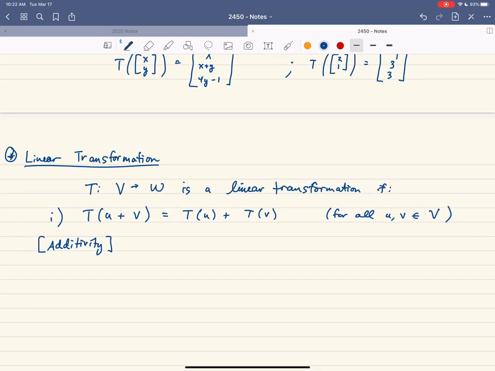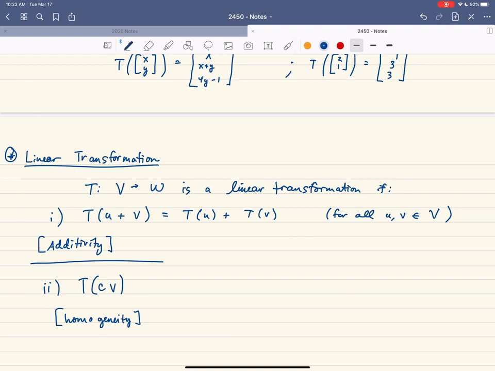And then the second property is called homogeneity. The idea here is that I'm going to pick some vector v from V, and I'm going to pick some scalar. Remember, for us, that means real number, because all of our vector spaces that we've talked about are real vector spaces.